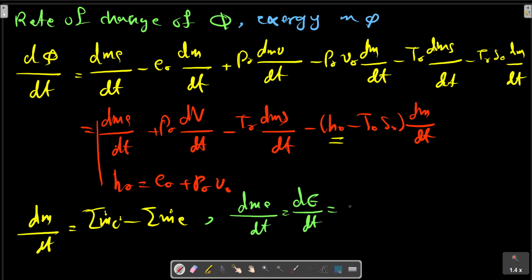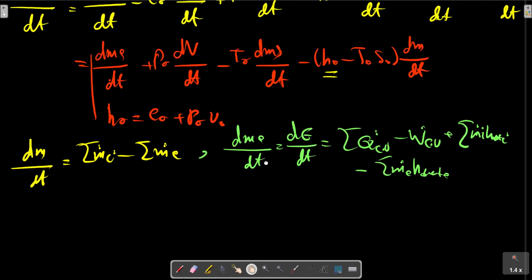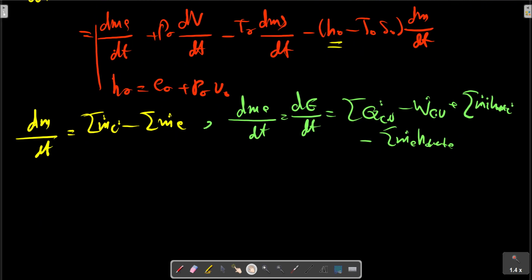From the first law we have m dot i h total i minus m dot e h total e. We have this relation from continuity and from the first law.